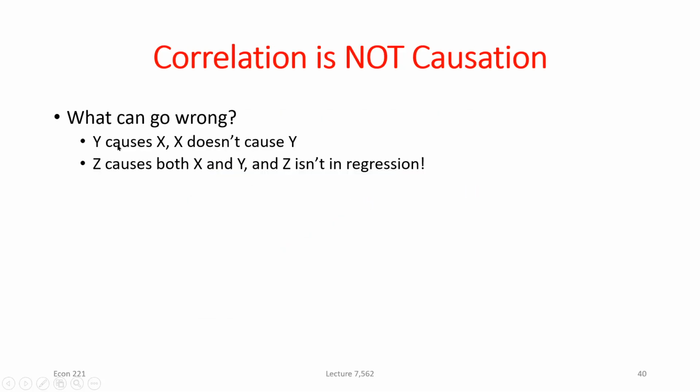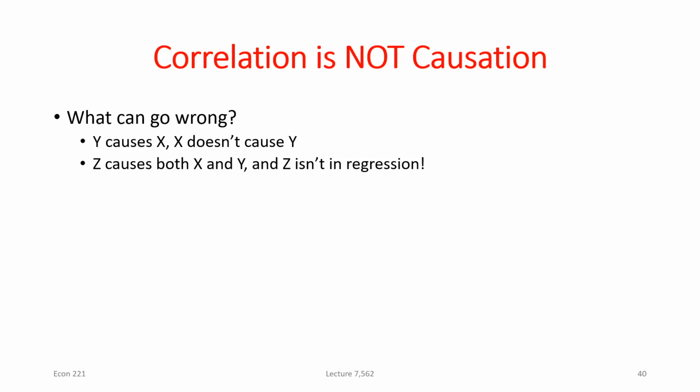So what goes wrong? Well, when we only have X and Y, it may not be that X is causing Y. It could be that Y is causing X, right? So if you think about my height weight example, it's likely that as I get taller, I get heavier. But if I ran the regression instead with height as my left-hand side variable, or my dependent variable, and weight as my right-hand side variable, or X, I would still find a positive correlation, but just weighing more doesn't necessarily drive your height up, right?